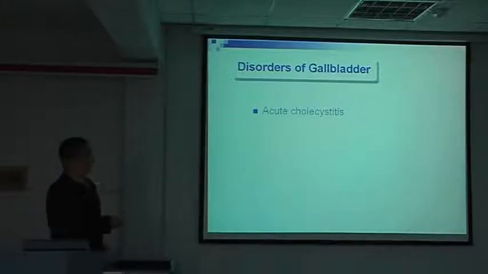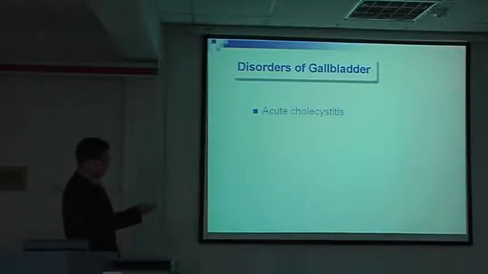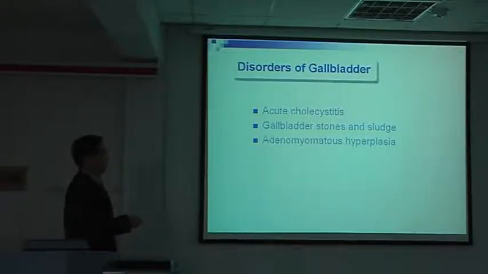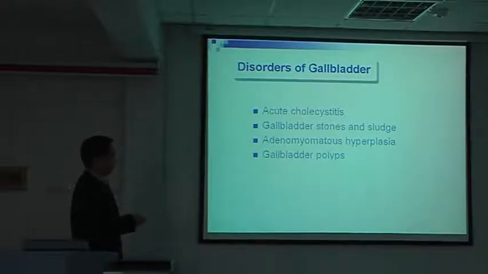This is all about the gallbladder. In this part we first introduce acute cholecystitis, then gallbladder stone and sludge, adenomyomatosis hyperplasia, and gallbladder polyps.